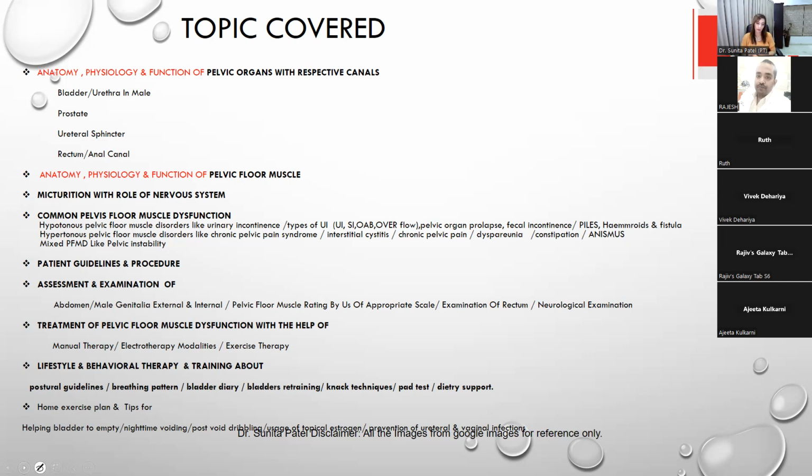Patient guidelines and procedure: how to educate your patient and how to start the procedure of the rehab and assessment. Assessment and examination of abdomen, male genitals, external as well as internal. Externally, we have to do the palpation of the perineal body, around the penile structure, anal canal, and the muscles which are present there.